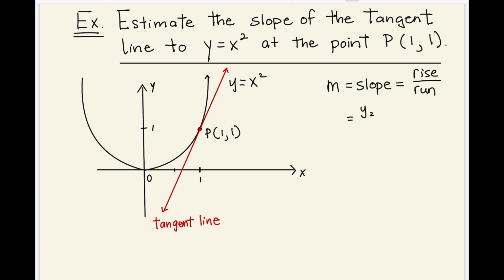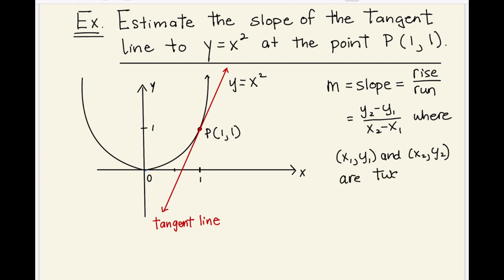The formula was y2 minus y1 over x2 minus x1, where (x1, y1) and (x2, y2) are 2 points on the line. So the problem with tangent lines is that we only know 1 point on the line. It's the point of tangency. So we're kind of stuck.